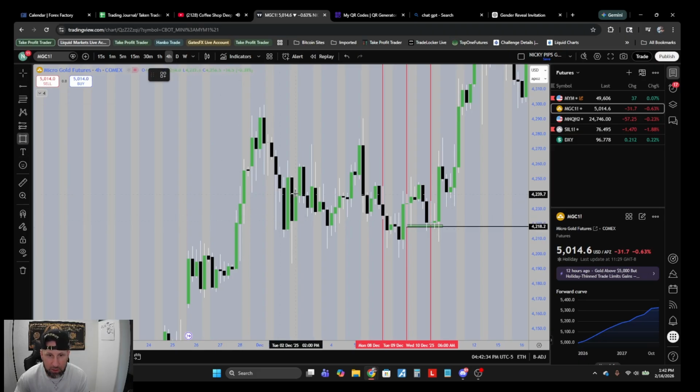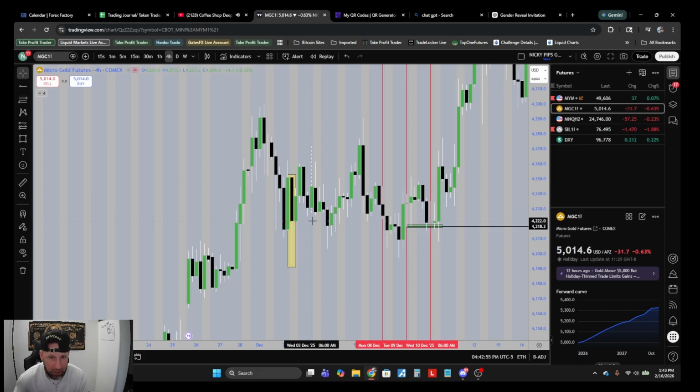So a candlestick like this. Let me do a different color so you guys can see that. So this is a bearish rejection. Price tries to pull down, ends up rejecting, and buyers step in and push price higher.